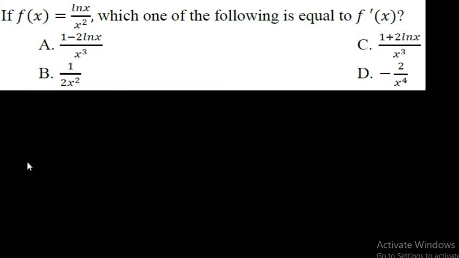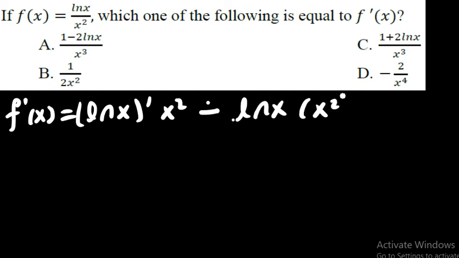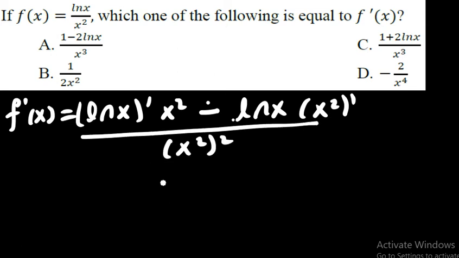The next one says f of x is equal to ln x over x squared. Then which one of the following is the derivative of f? We are going to apply the quotient rule here. So f derivative of x will be the upper derivative times the lower as it is, minus the upper as it is times the lower derivative, the whole over the square of the lower one, x squared squared.